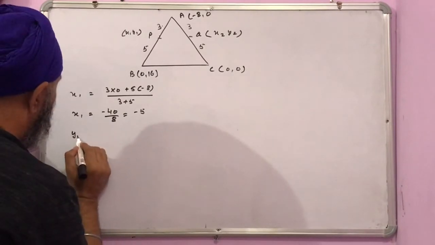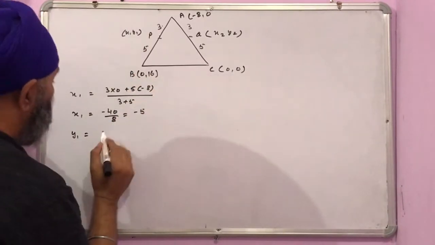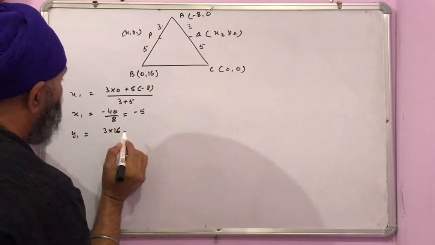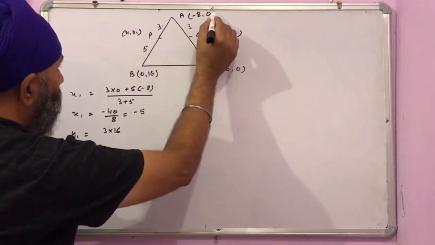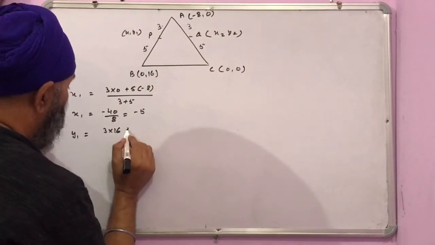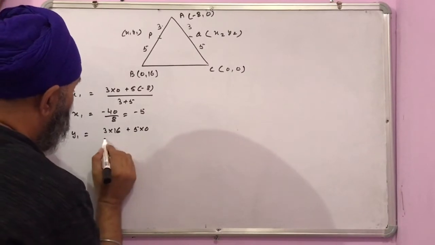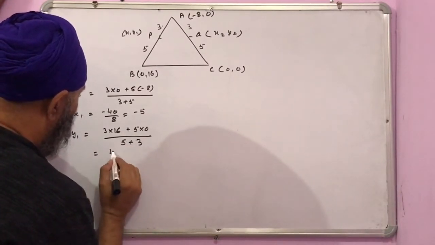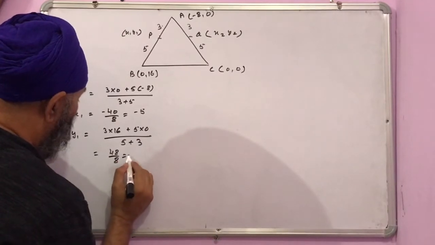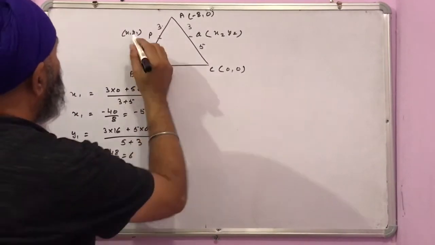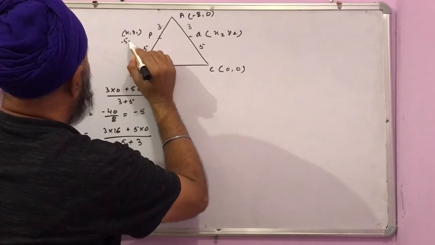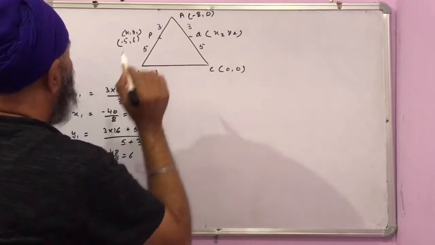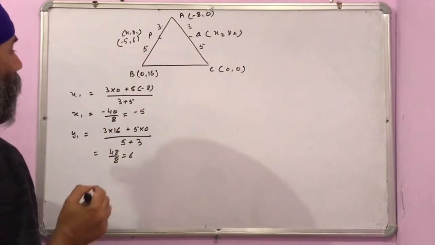Then y1 is equal to m1 y2, 3 into 16, plus m2 y1, 5 into 0, upon m1 plus m2. So it is 48 by 8, that is 6. So the coordinate of P is (-5, 6).